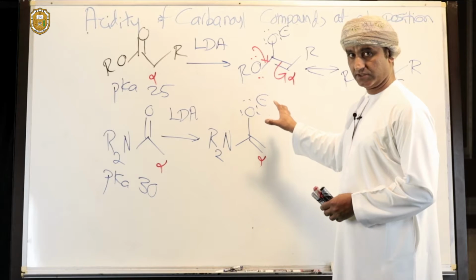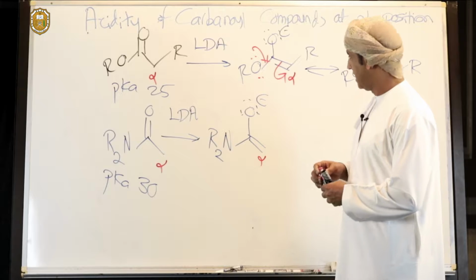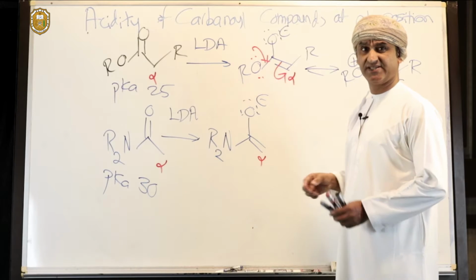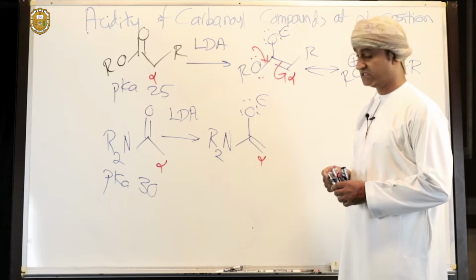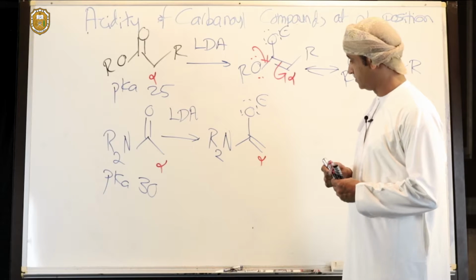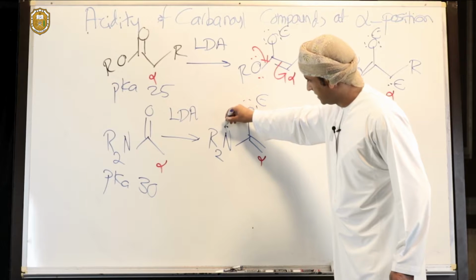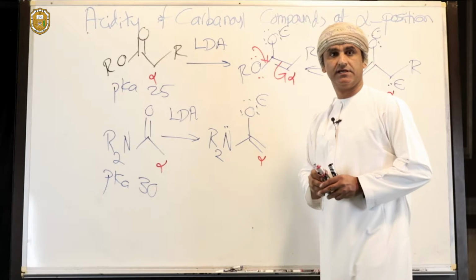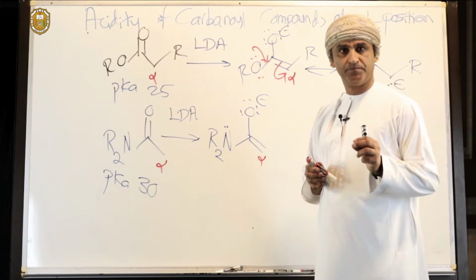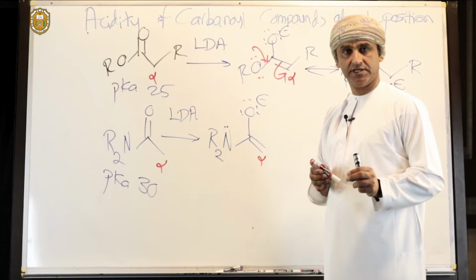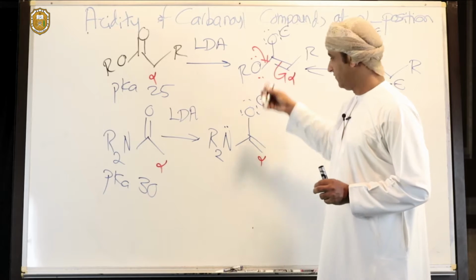Now, the corresponding enolate is formed. Now, just like when oxygen behaves as an electron donating group in esters, nitrogen can also do the same. But the difference is the lower electronegativity of nitrogen compared with that of oxygen.